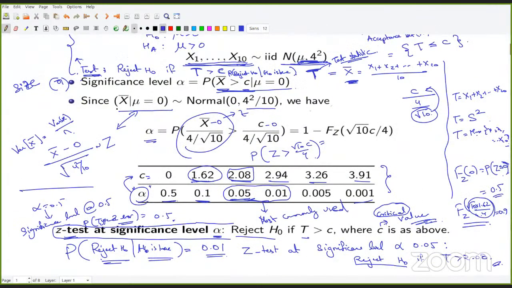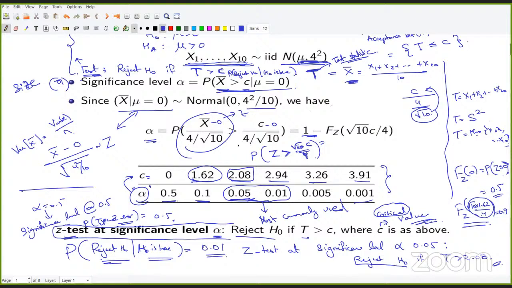So your doubt is why this 1 minus is coming into the picture. Here, this is the probability that Z is greater than root 10 C by 4.